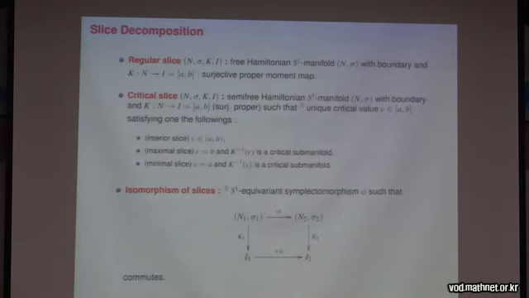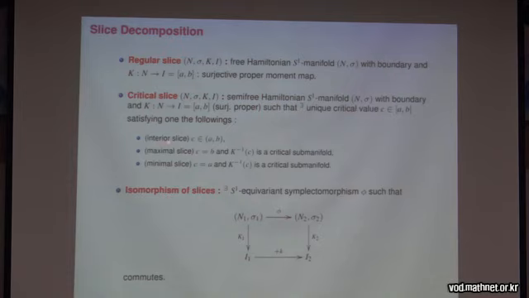More specifically, I will define two kinds of slices. A regular slice is just a free Hamiltonian S1 manifold with two boundary components. It's just a definition. And a critical slice is a semifree Hamiltonian S1 manifold with boundary and a unique critical value.